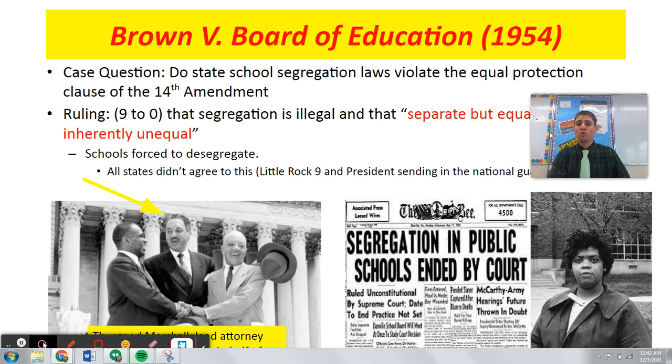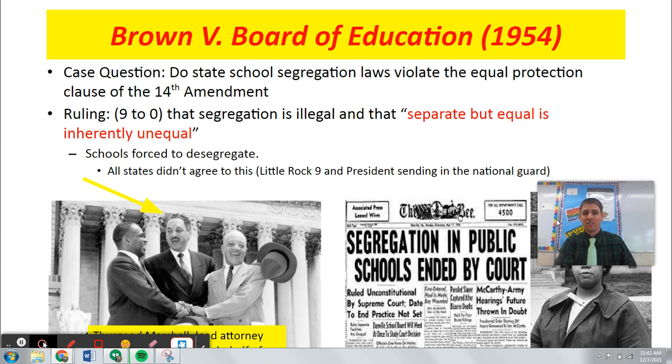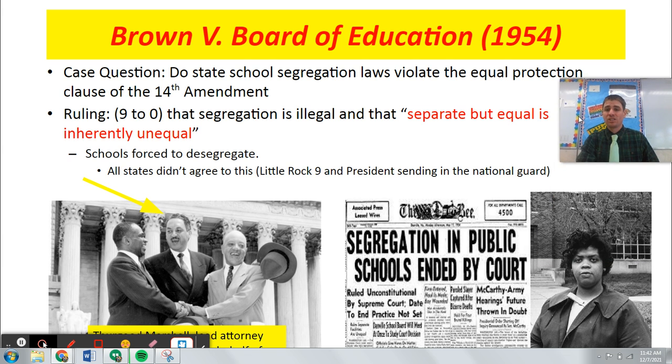The Supreme Court unanimously ruled 9-0 that it does, that segregation is illegal, that separate facilities are inherently unequal. And as a result, they said that schools are forced to desegregate with all deliberate speed. Now, segregation is no longer allowed, and schools must desegregate with all deliberate speed.